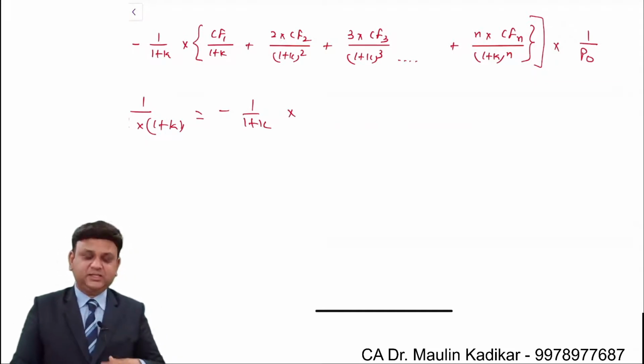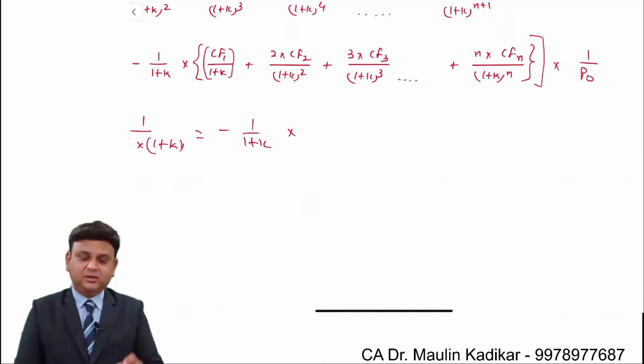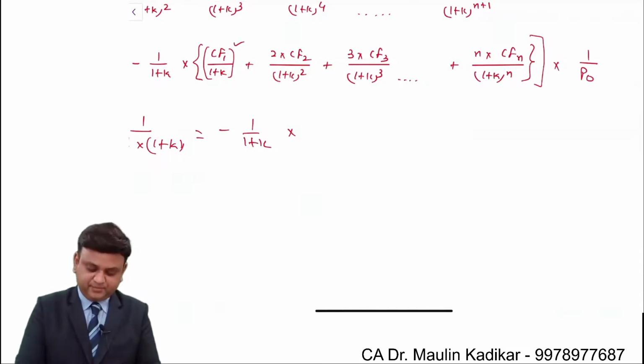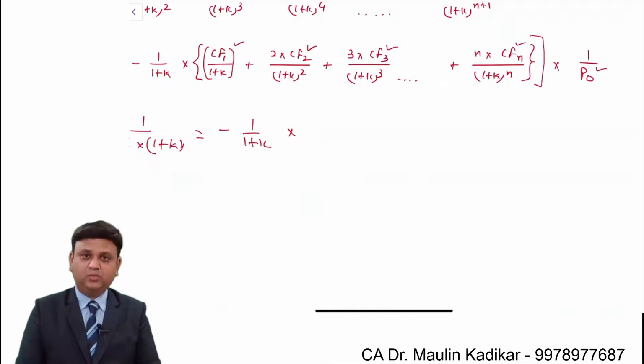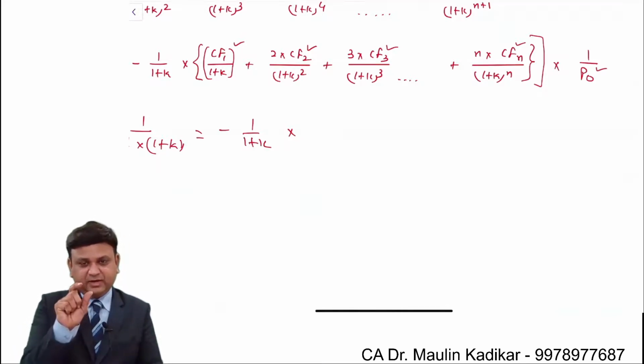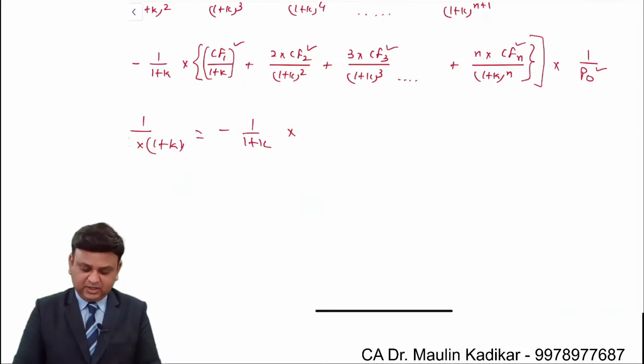now listen carefully all of you. We can say cash flow for the first year, its present value; second year cash flow, its present value; third year cash flow, its present value; like that, nth year cash flow, its present value. So that's the present value divided by P0: present value of year 1 divided by P0, present value of year 2 divided by P0, present value of year 3 divided by P0.